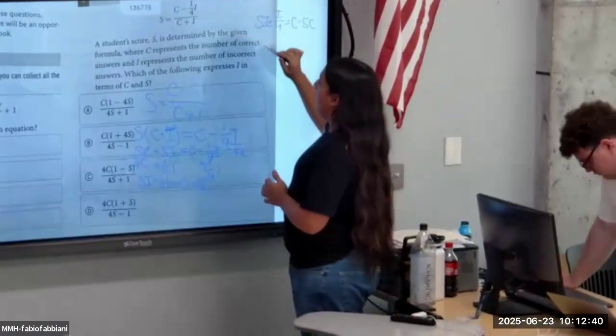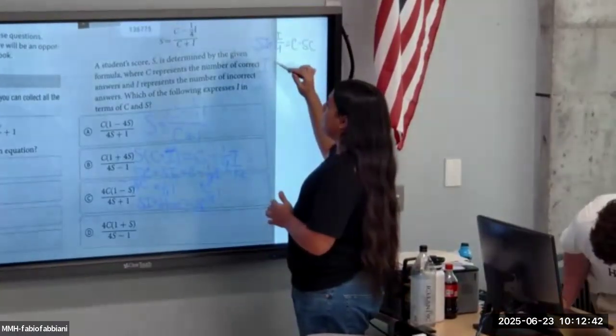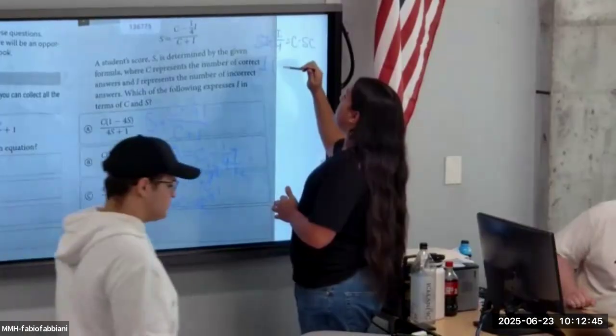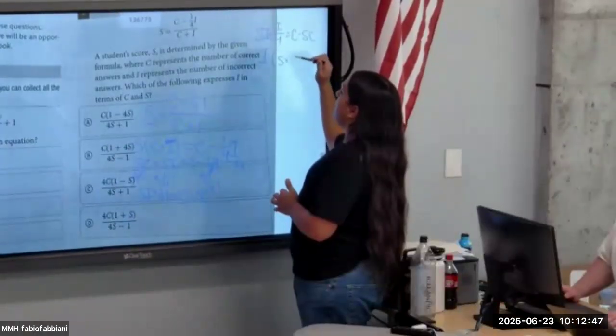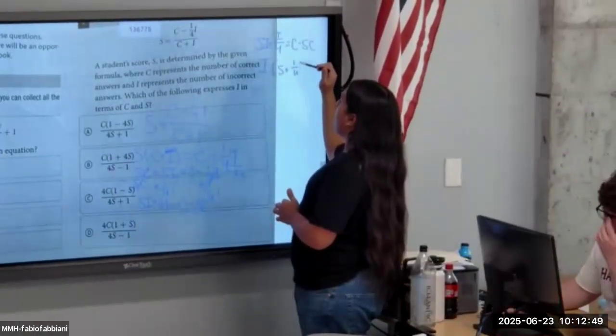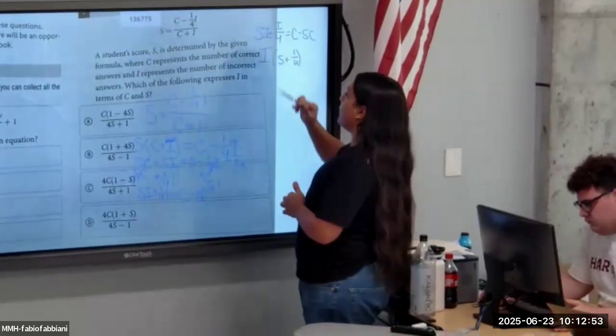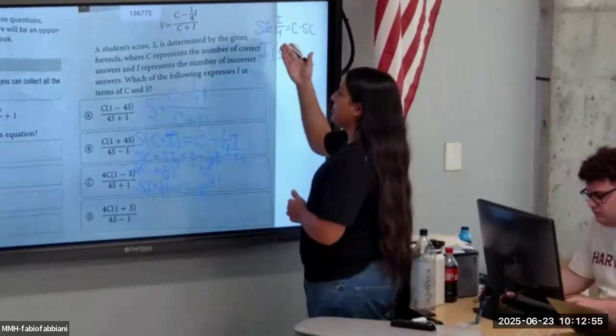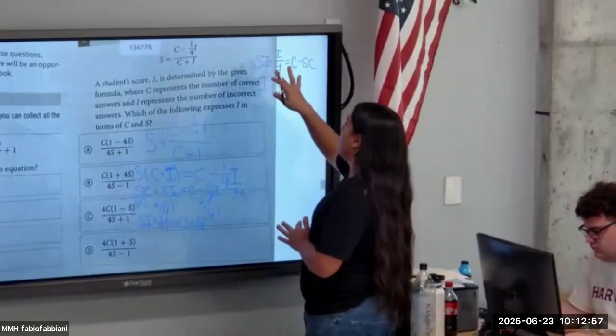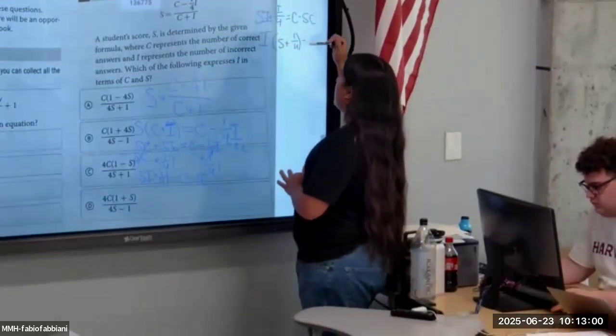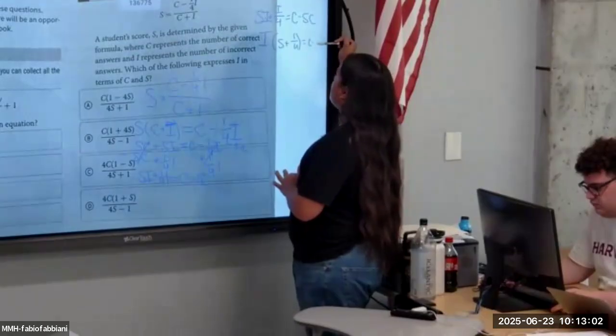I can just do I, then put parentheses, multiply it by S plus 1/4, right? Because if I distribute that, it's gonna become SI plus I over 4, which is exactly what it is. This is just an equivalent form. And then it's equal to C minus SC.